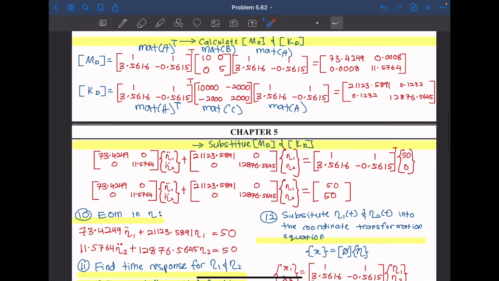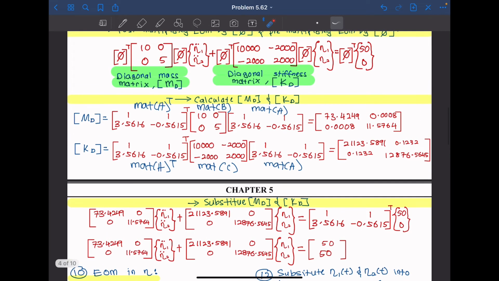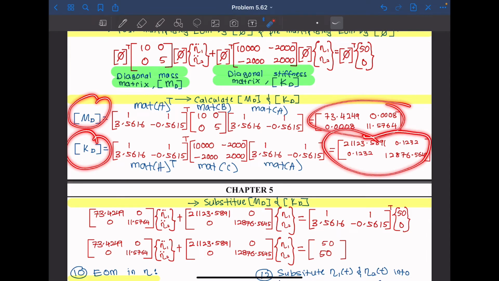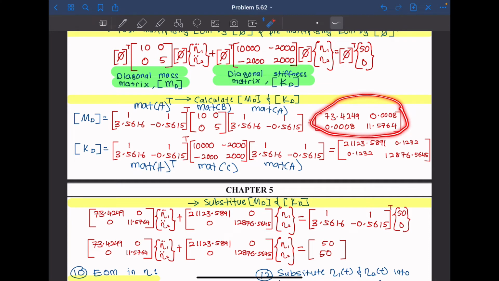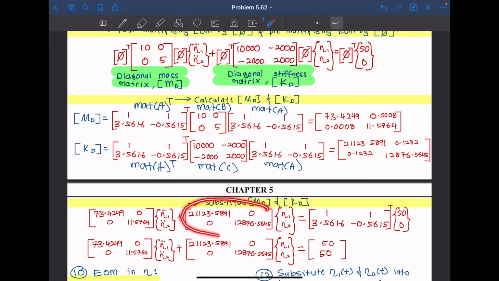So now, after you get your diagonal mass matrix and also your diagonal stiffness matrix, just substitute this back inside here. So you get this. You've already solved this part here. Now substitute your diagonal stiffness matrix inside here, so you get this over here.